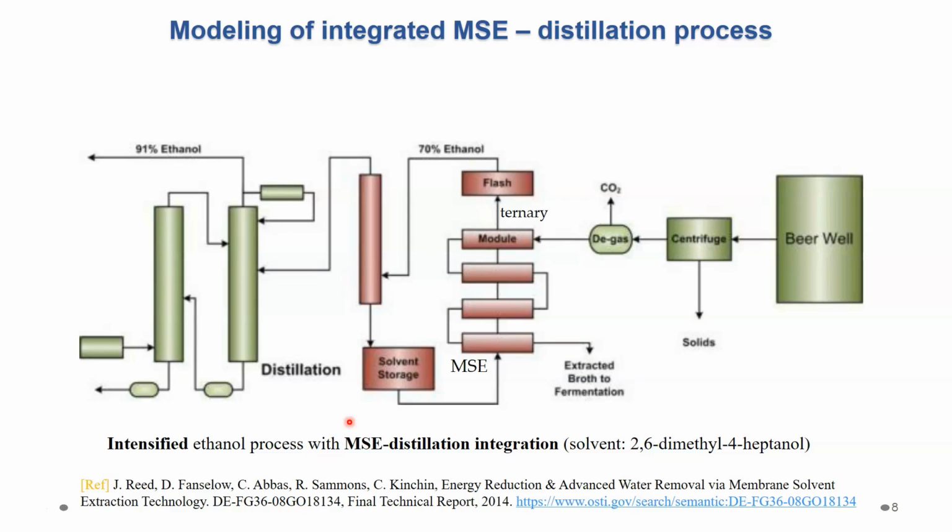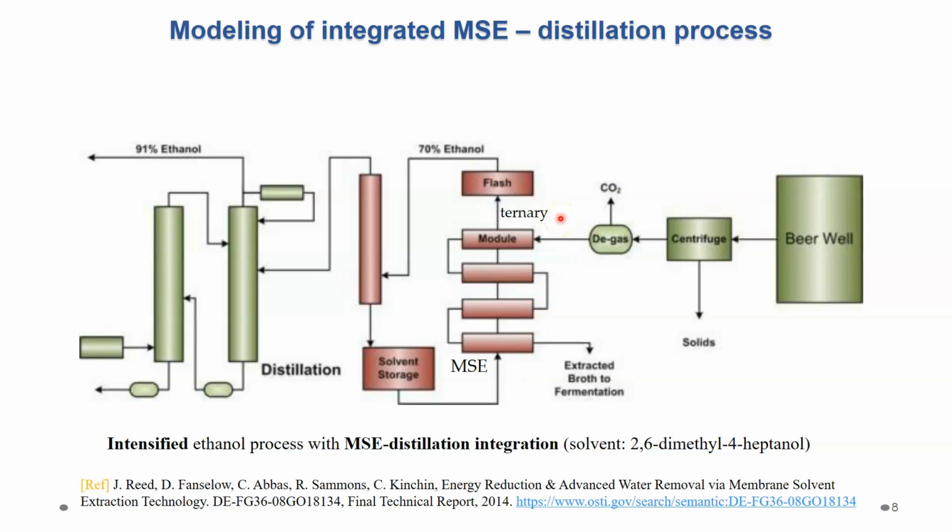This is the intensified ethanol process with MSE integration. The red blocks in the middle represent the integration of MSE and distillation. After the solids and carbon dioxide are removed, the clean broth enters the first module of the MSE system, and at the same time, the solvent or extractant enters the last module in a countercurrent flow.